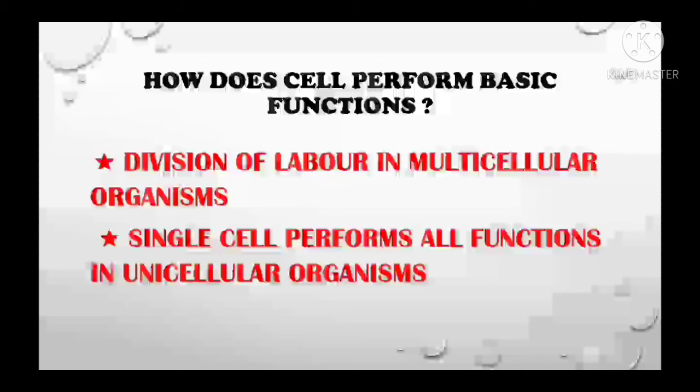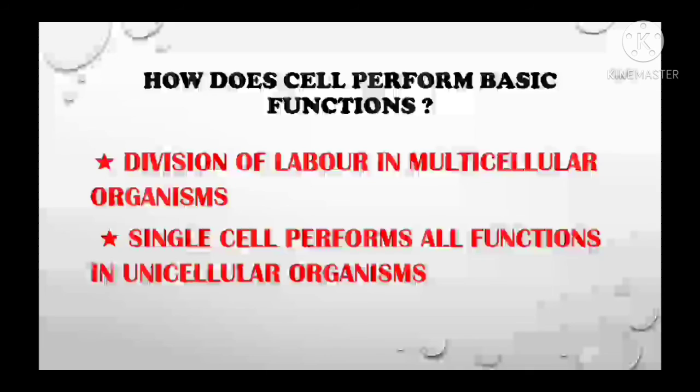Say for example, if you are constructing a building, you will separate the works among the workers, right? The same way in the human body too. The system divides the works or functions among the cells. This is how it functions in multicellular organisms. Then what about unicellular organisms? The single cell performs the whole function in unicellular organisms.